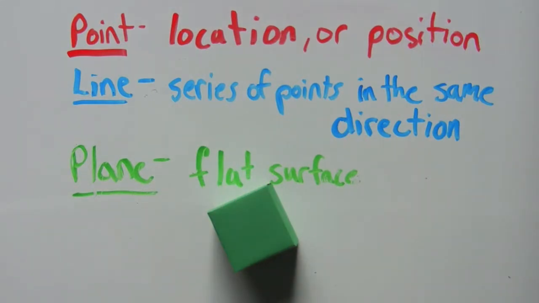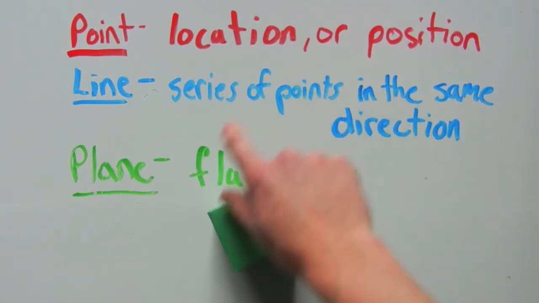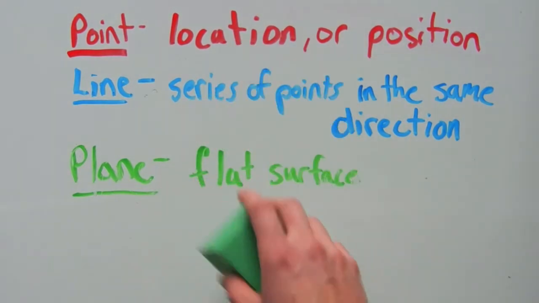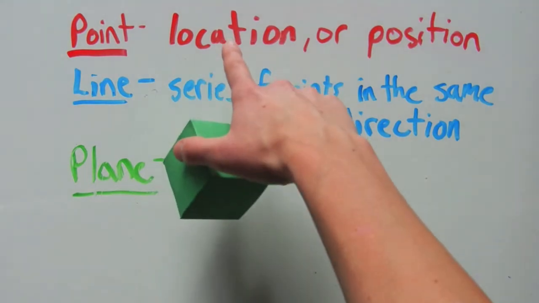Points, lines, and planes are considered undefined terms, so how a line contains points, and a plane contains lines and points, a space, so expanding this out, contains planes, lines, and points.